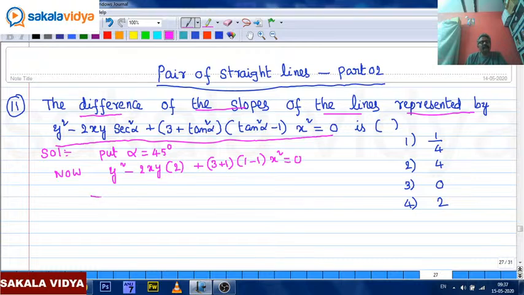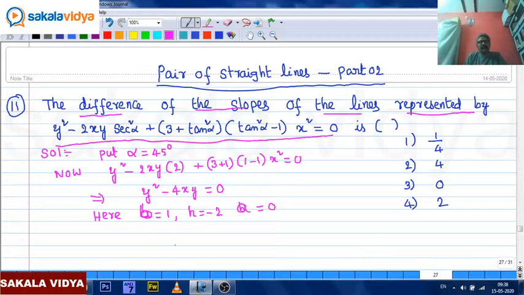So we get y square minus 4xy equals 0. Now, comparing with ax square plus 2hxy plus by square is equal to 0, h is equal to minus 2, b value is 1, and a value is 0, because there is no x square coefficient.